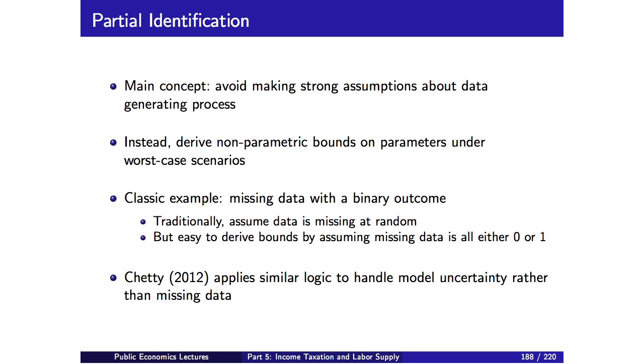So that technique can be applied in many, many contexts. Like in I/O, where you don't have all the moments that you're trying to identify in a structural model, the type of work that Ariel Pakes and others are doing now is using inequalities that allow you to identify sets by making much weaker assumptions than the parametric approach, okay?